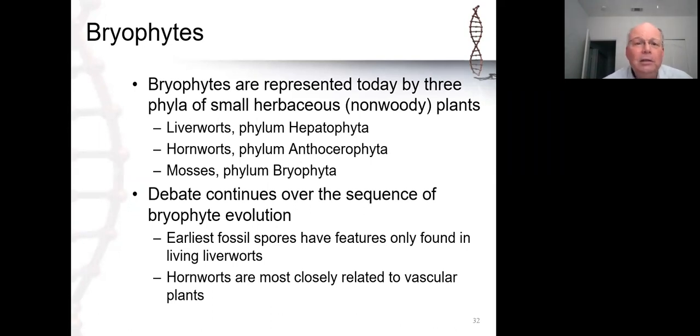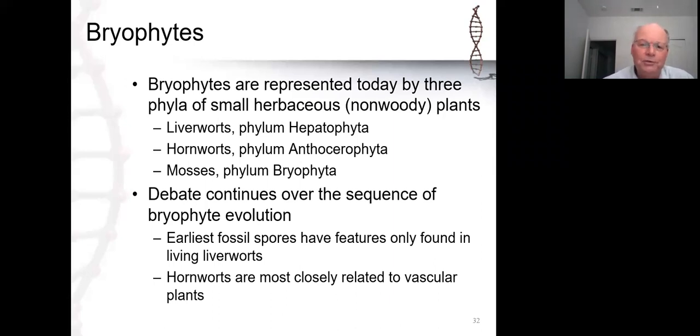There are 3 phyla that I've identified for you before the break. So we have Hepatophyta, the liverworts, Anthocerophyta, the hornworts, Bryophyta, the mosses. We do believe that the Hepatophyta, the liverworts, are the most basal, the first to emerge from the common ancestor or the pool of common ancestors that were colonizing dry land early on, then followed by the mosses and ultimately by the hornworts.